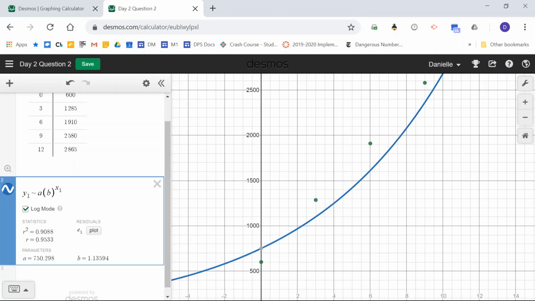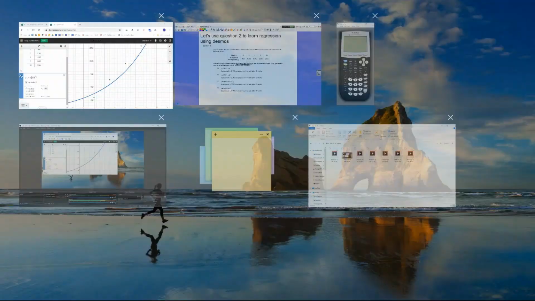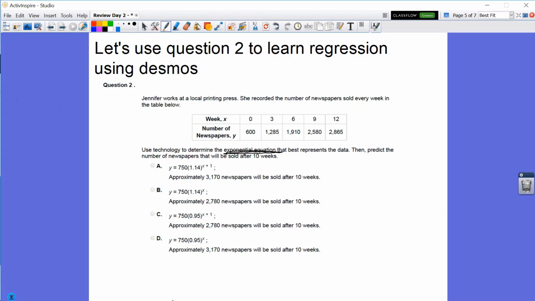So if I wanted to go back and write my equation for that model, it's going to look like this. y equals, our a value was 750.3, and our b value was 1.14. So if we look at our answer choices, the only one that matches up with what we're doing right now is B.